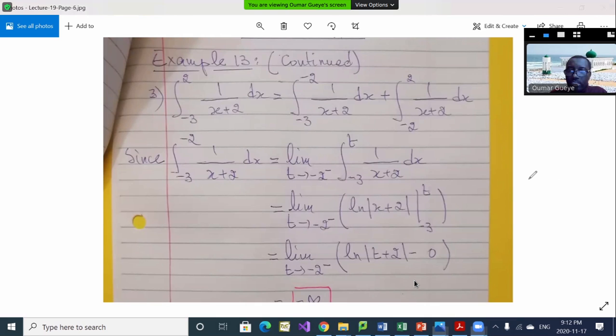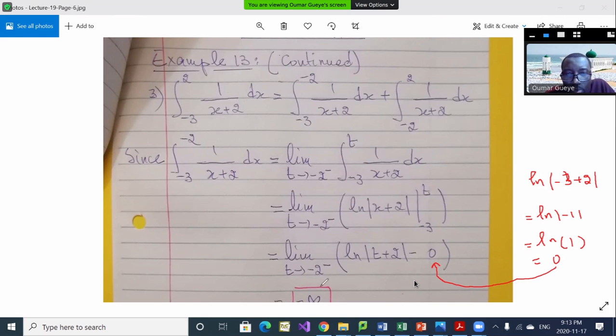So when you calculate here, ln of absolute value of -3 plus 2, it becomes ln of absolute value of -1, which is equal to ln of 1, and we get 0. And this is the 0 that we have here.